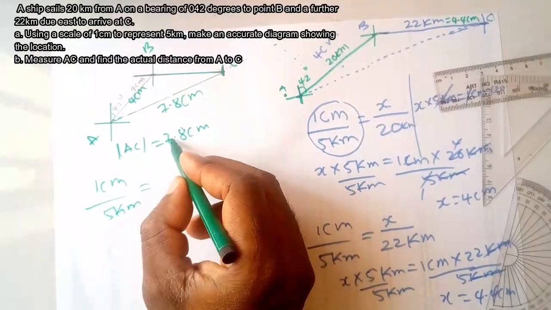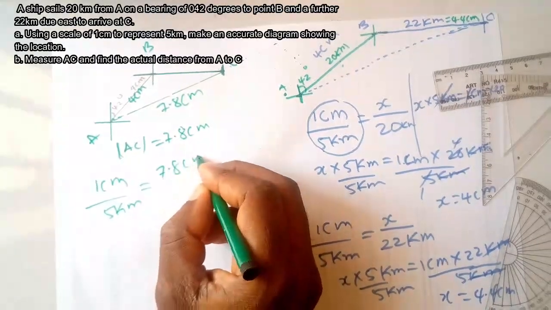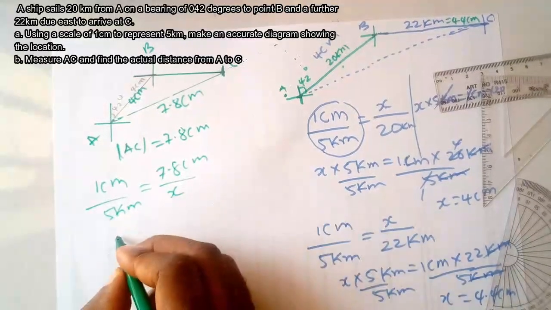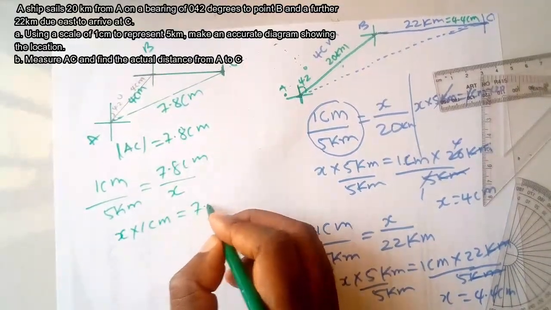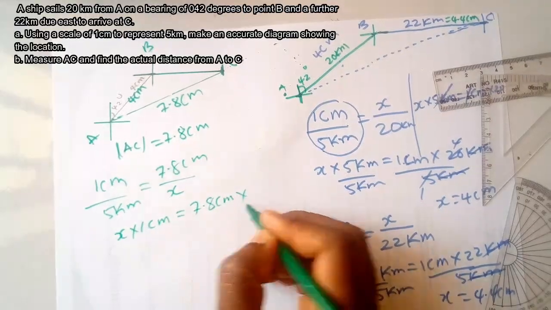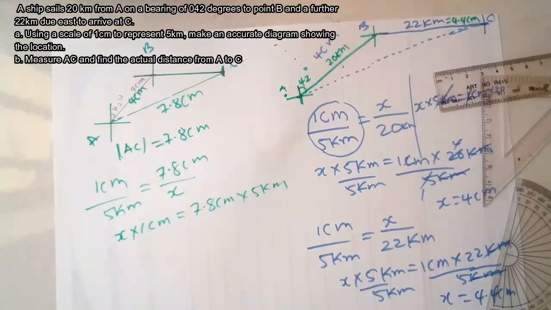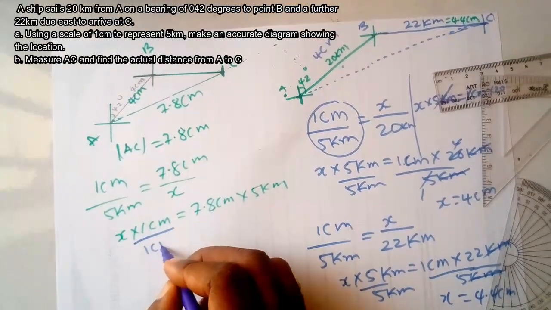So the length on drawing is now 7.8 centimeters, and we are looking for the actual length, which is x. Cross multiply. x times 1 centimeter is equal to 7.8 centimeters times 5 kilometers. Divide both sides by 1 centimeter.